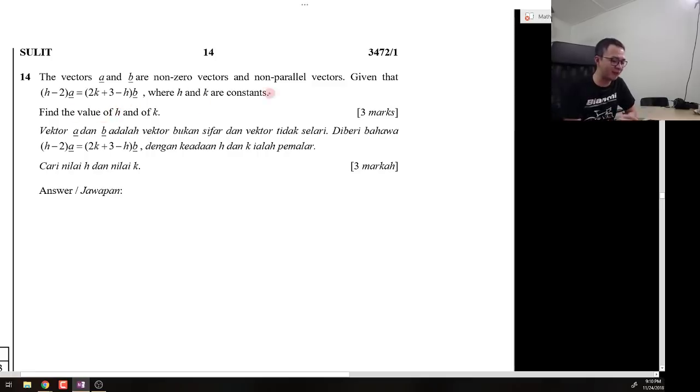The vectors a and b are non-zero vectors and non-parallel vectors. Given this, find the values of h and k. We have (h minus 2)a equals (2k plus 3 minus h)b.